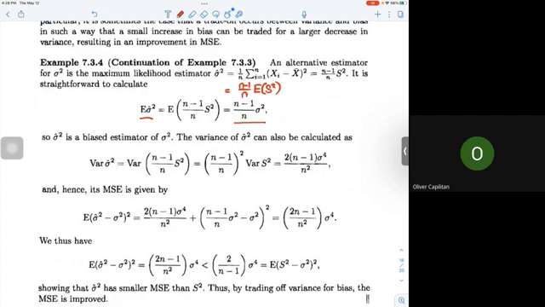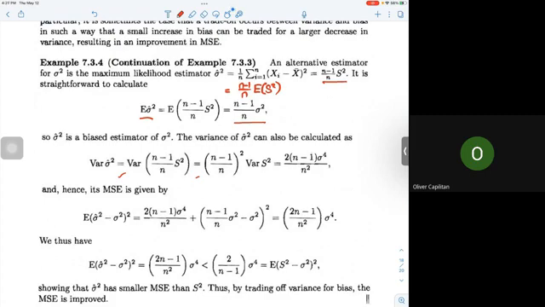So we have here the variance. In the first equality, we just substitute what sigma square hat is. And then in the next equality, we apply the property of the variance. So that's the square of (n minus 1)/n times the variance of S square.